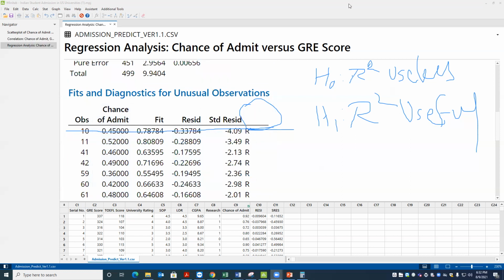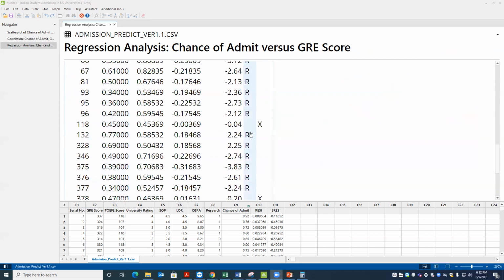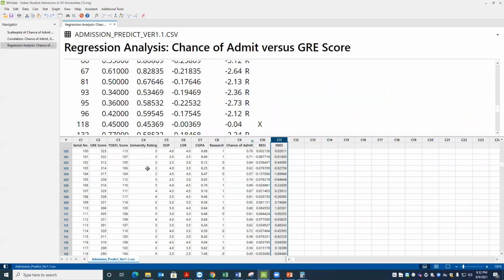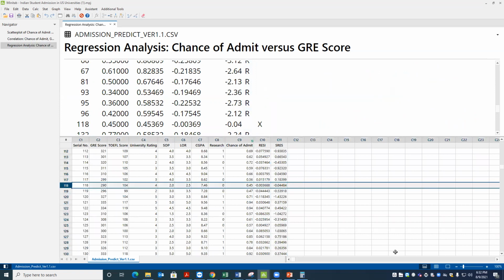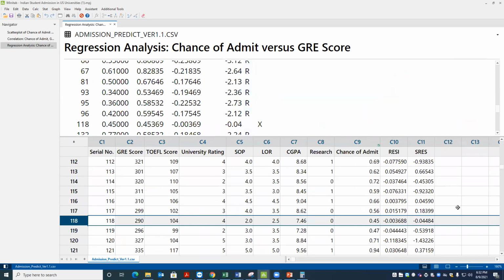Now let's look with the naked eye at what it is saying. Let's go for the 118th observation. Let me go to number 118. So we are going here. Can you see this? What is it saying?